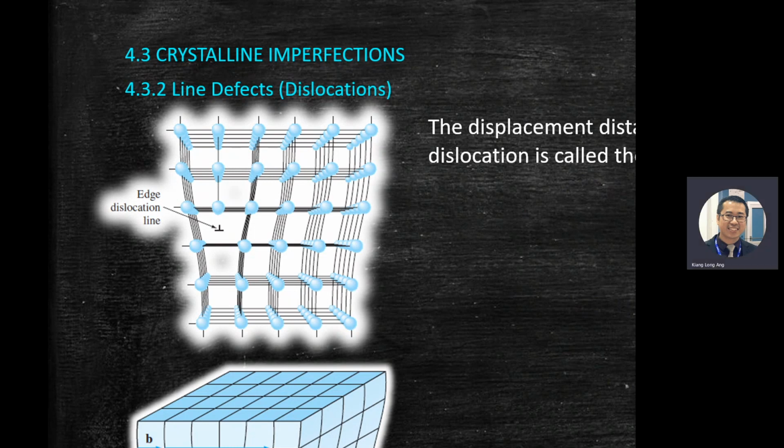And this is perpendicular to the dislocation line. What does perpendicular mean? If you look at this diagram, you see this is the missing line, right?